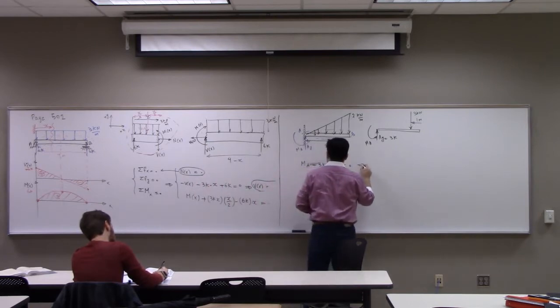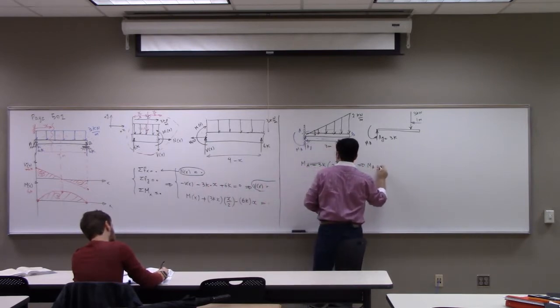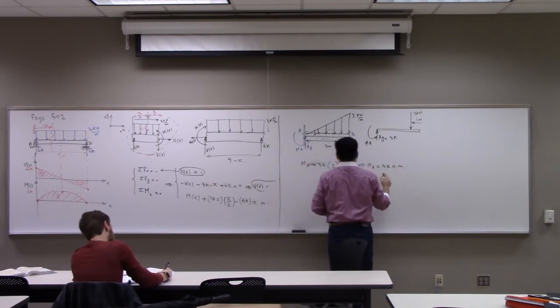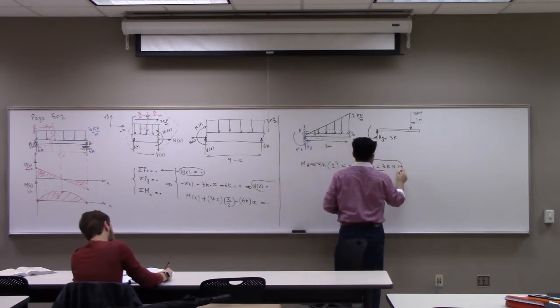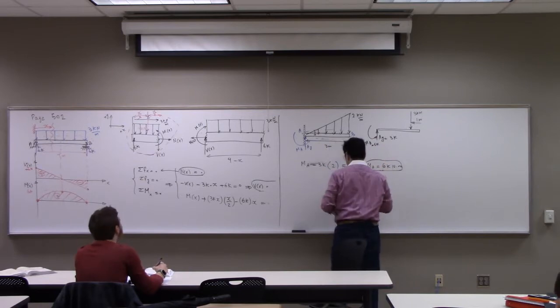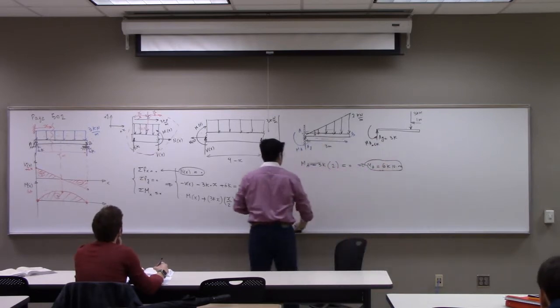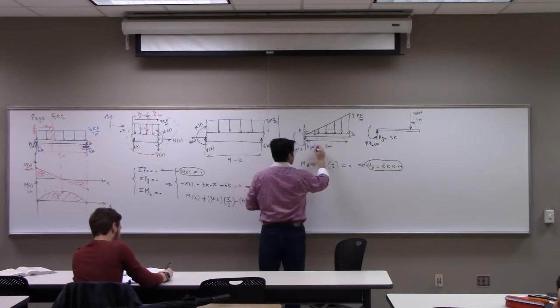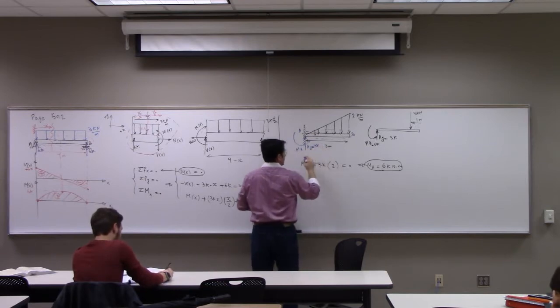Then MA is equal to 6 kilonewton meter. Sorry, 6 kilonewton meter. So here, 6K. Right? I can show it right here. AY, to open up some space, 3K, MA, 6K.